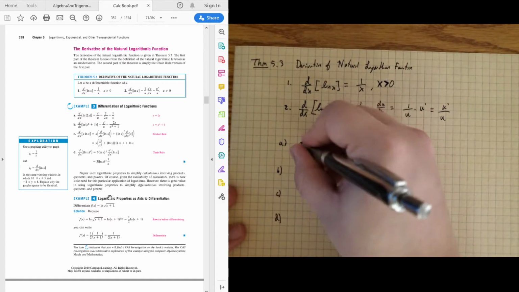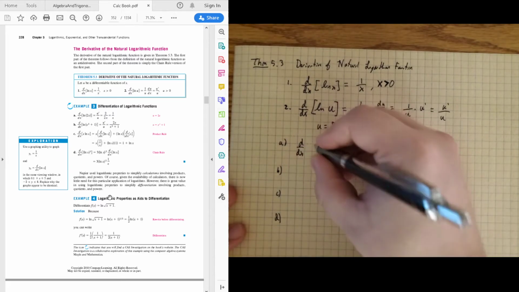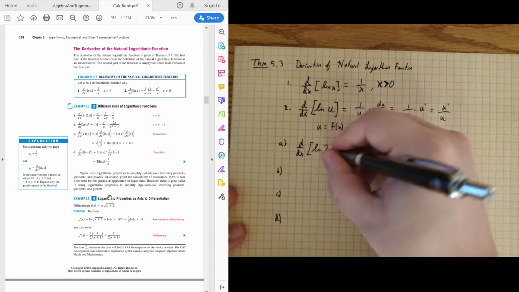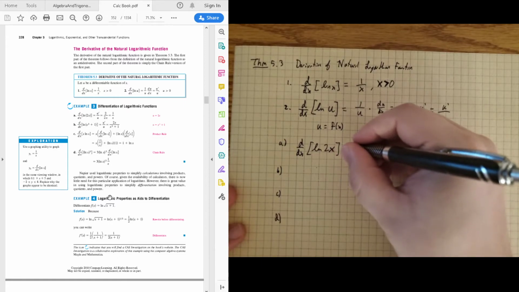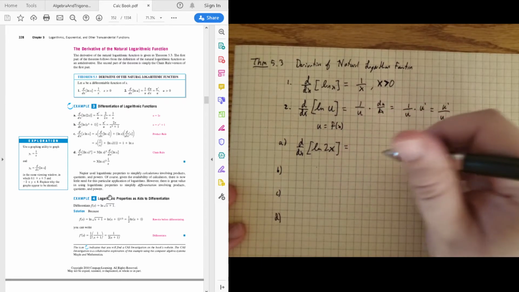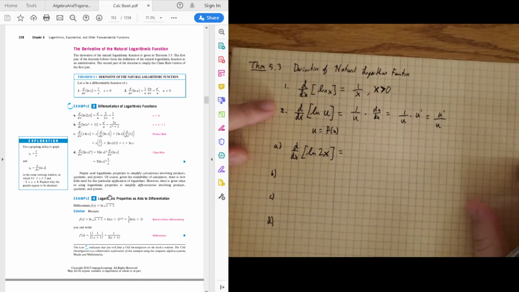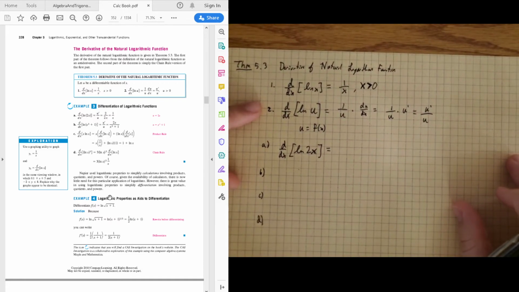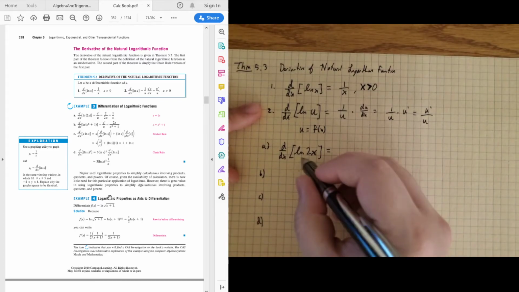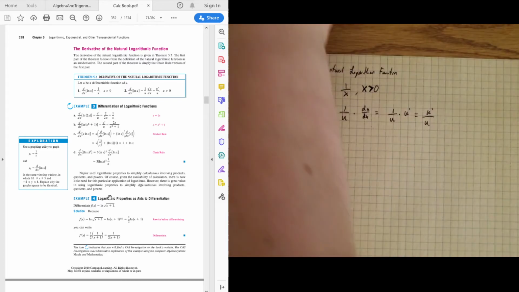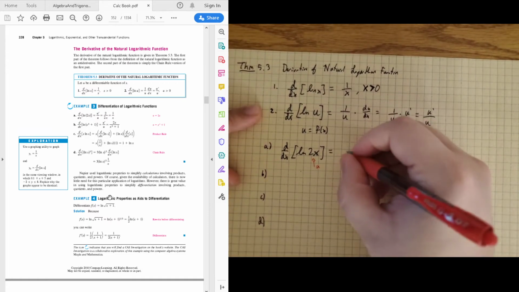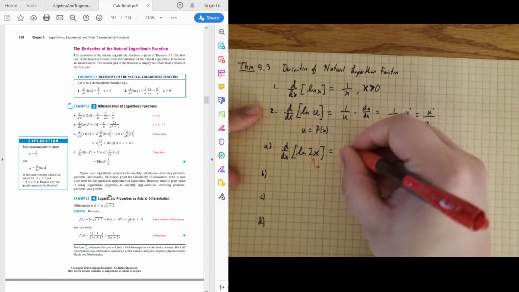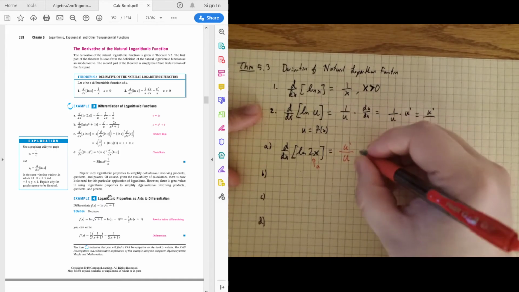So the first one, d dx of the natural log of 2x is equal to. So if we follow from our second theorem, theorem 5.3.2, it would say that the interior is acting like our u. So how do we write this? We would do u prime over u.